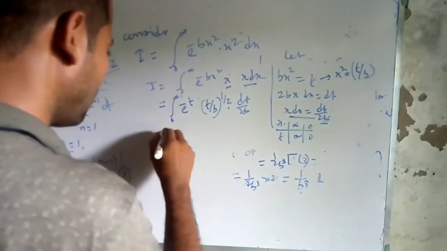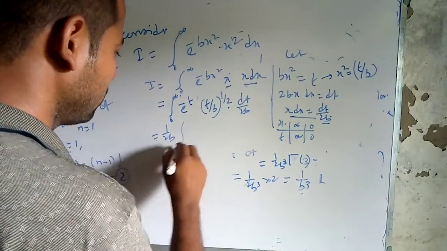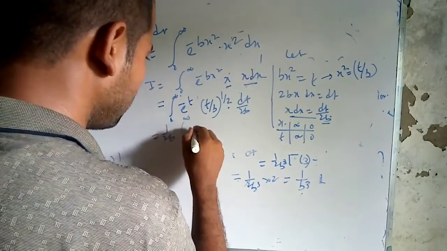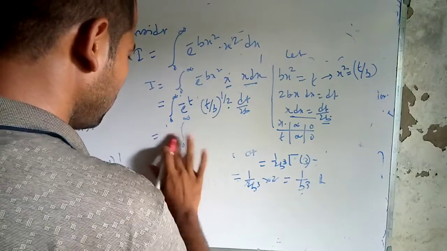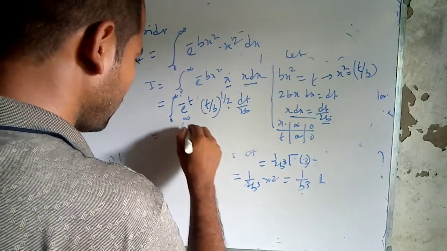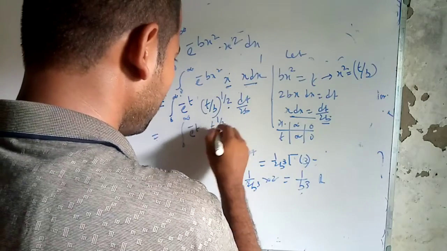The 2b constant term will be out of the integration from 0 to infinity e to the minus t, hence t to the half is equal to 2b cube.